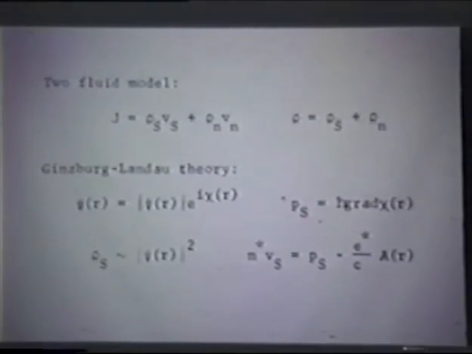And so if you have no current flow, Vs is equal to 0, then Ps is related to the vector potential, and this gives a quantization of the flux.